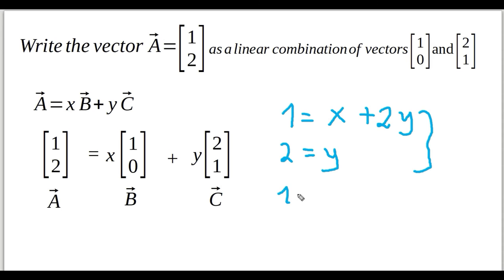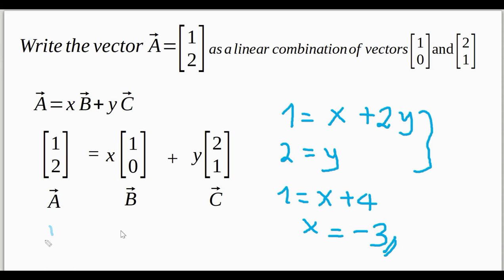So we have 1 is equal to x plus 2 times 2, which is 4. So x is equal to minus 3. We can now write this as a linear combination.